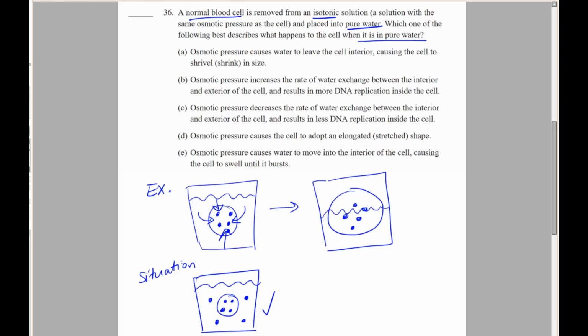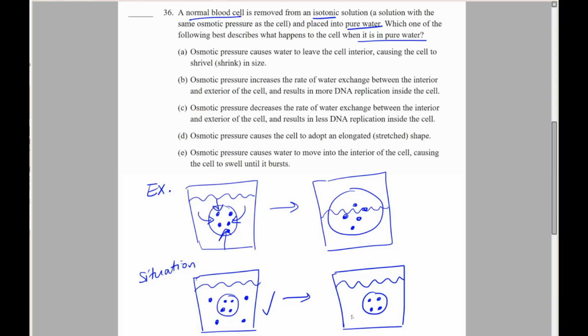So this is our isotonic solution, and we're transferring it and placing the cell into pure water. So we're going to put the cell into a container with pure water. The cell will still have the same number of solutes because the solutes are too large to pass through the cell membrane. However, the pure water will not have any solutes.